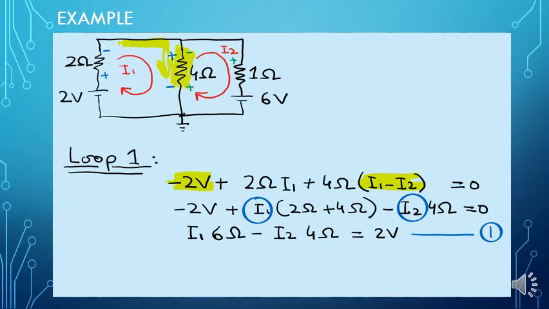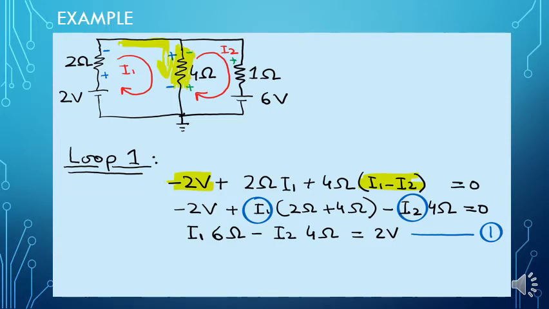Now we have to simplify the KVL equation in terms of currents. As you see, this is 2 volts, this is I1, and one I1 has a 2 ohm resistor with it, and the other I1 has a 4 ohm resistor with it. We will combine both of them.